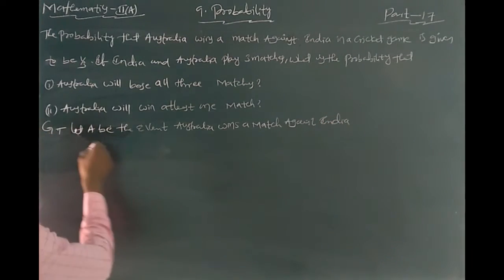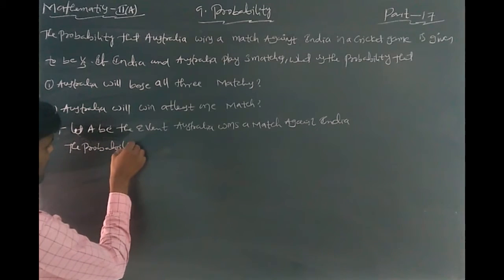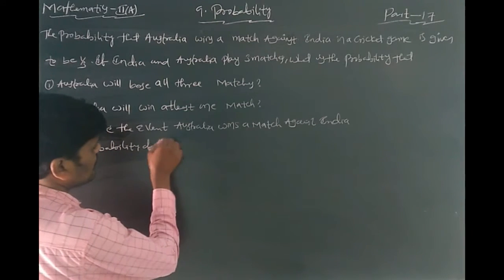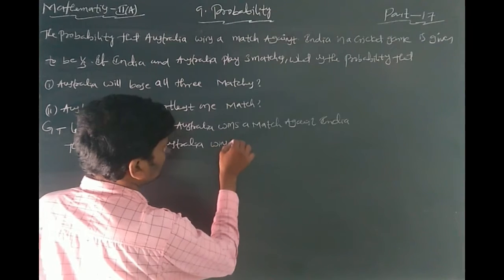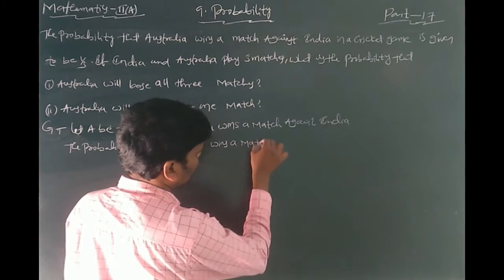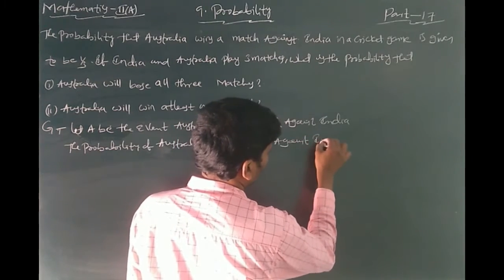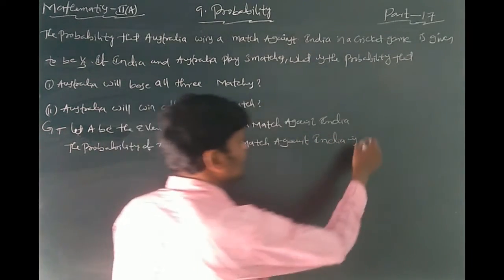Then the probability that Australia wins a match against India is 1/3, that is given.